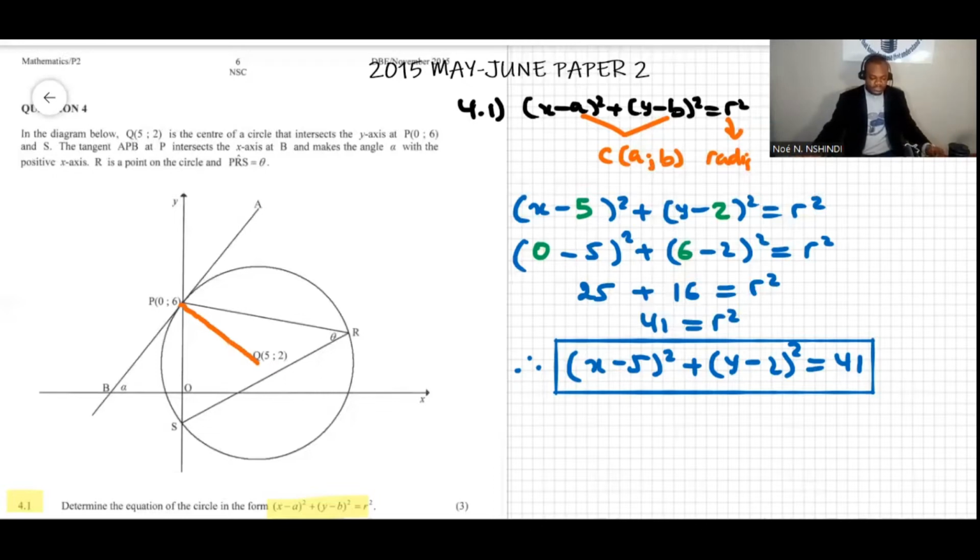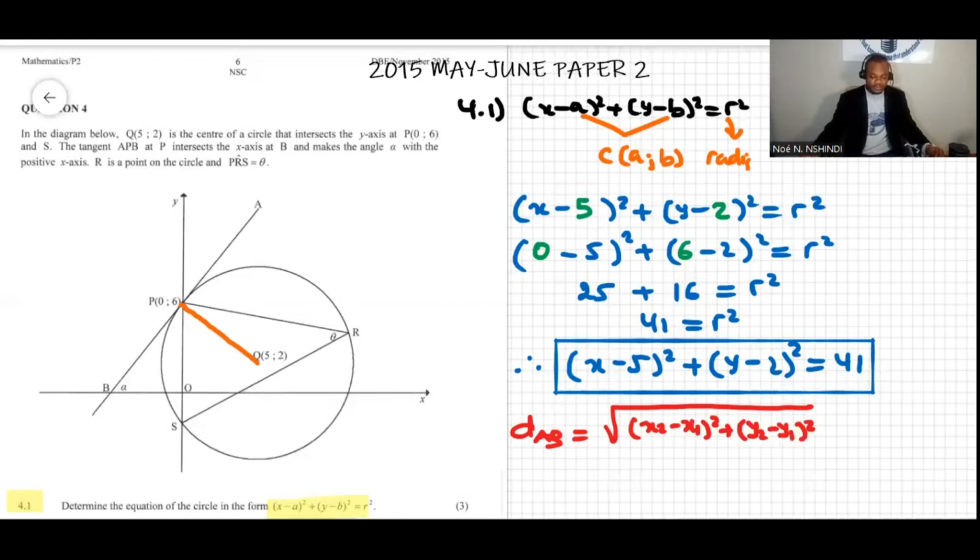The distance between two points is given by the square root of (x2 minus x1) to the power of 2 plus (y2 minus y1) to the power of 2.